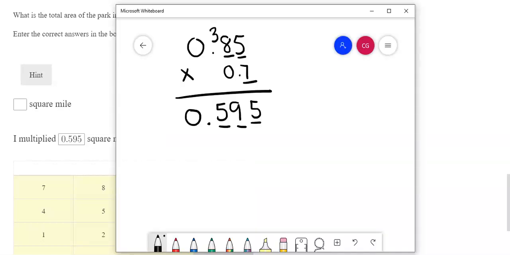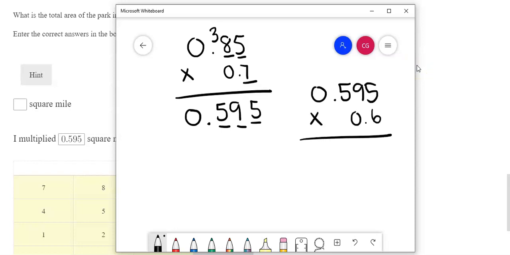So I have the 0.595, and I'm going to multiply it by the 0.6. 5 times 6 is 30. 9 times 6 is 54, plus 3 is 57.